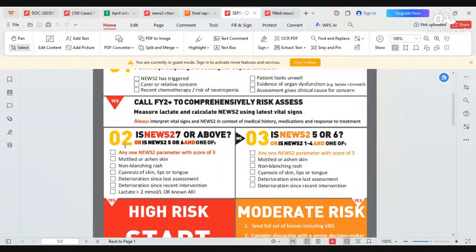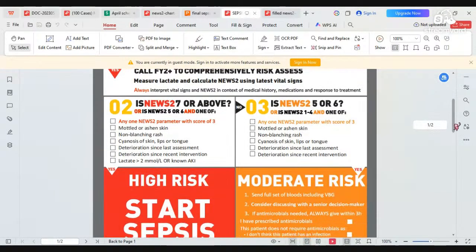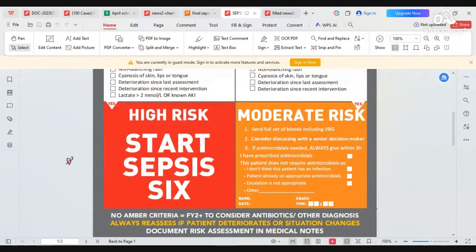It says if the NEWS 2 score is 7 or above, remember our patient had 9, or had a score of 3 in 1 parameter, and you have this as a yes in your patient, this means that this is a high risk, and then you have to start your sepsis 6 immediately. In fact, you can see it's colored in red, and you have to start your sepsis 6 immediately.